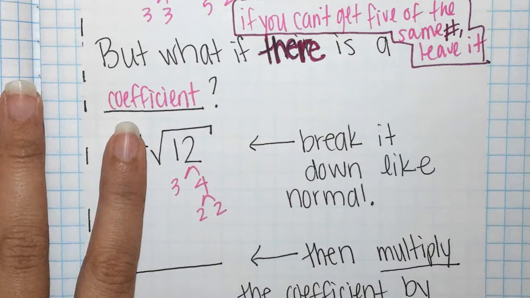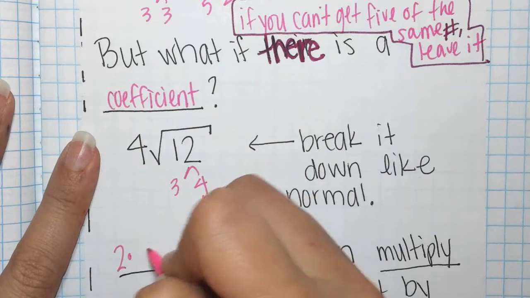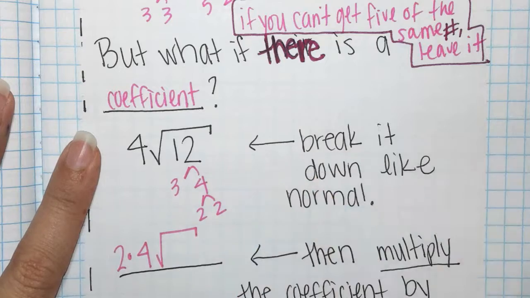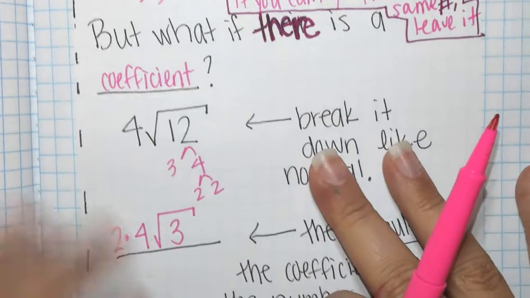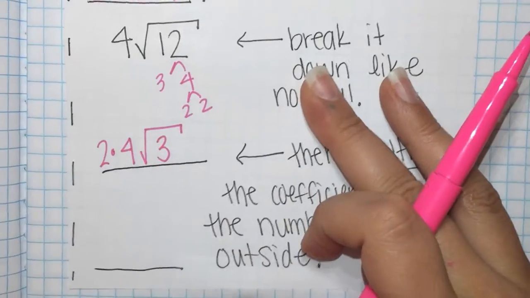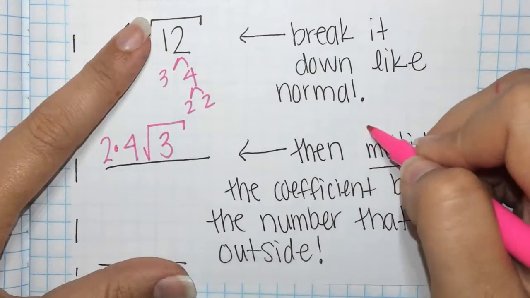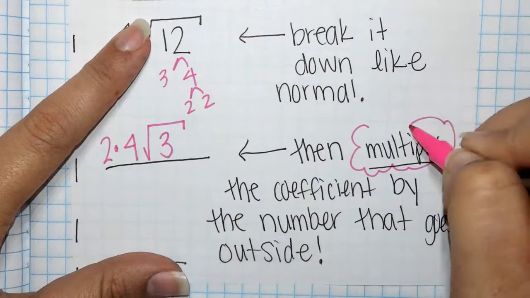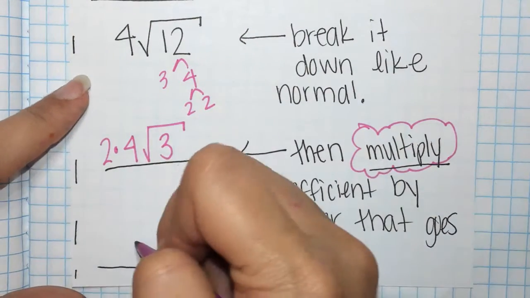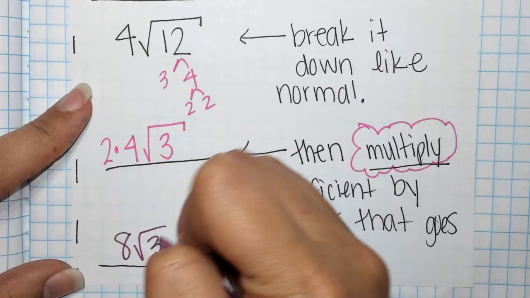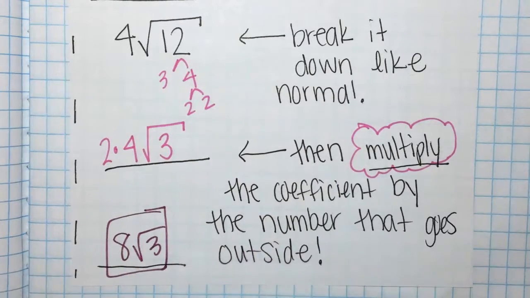So what goes outside? 2. And what stays inside the house? 3. So you brought 2 to the outside. You then have to multiply the coefficient by the number that goes on the outside. So what's 2 times 4? 8. And you get 8 root 3.